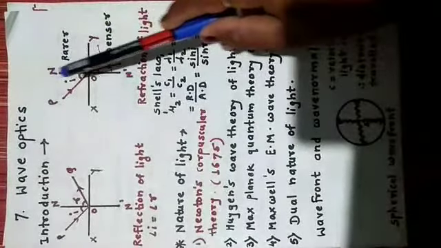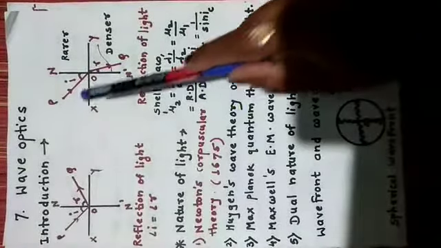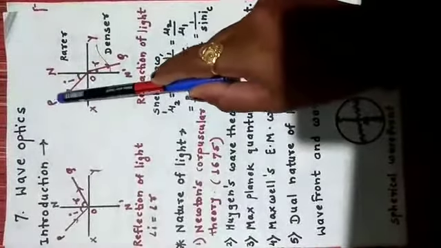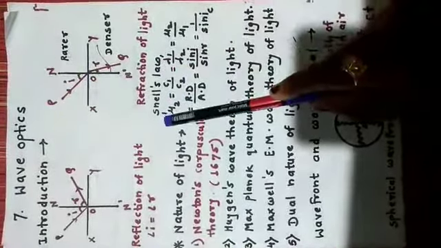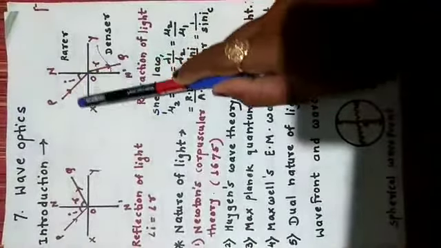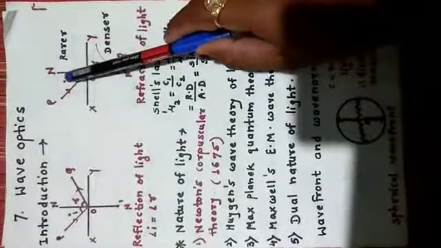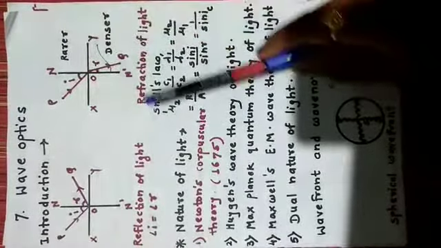Now again, this N dash is the normal which is drawn to the surface XY. Now consider the incident light ray PO, which is incident at point O on the surface XY. Again, this I is nothing but the angle of incidence in the rarer medium.